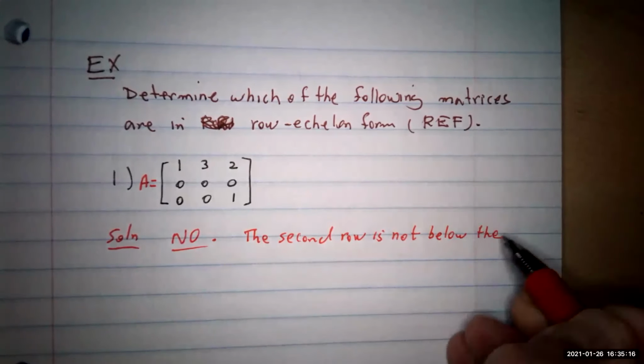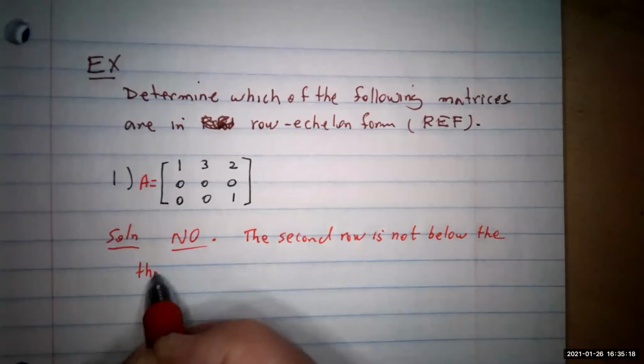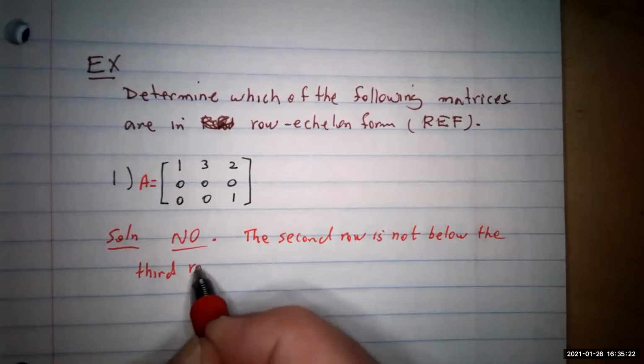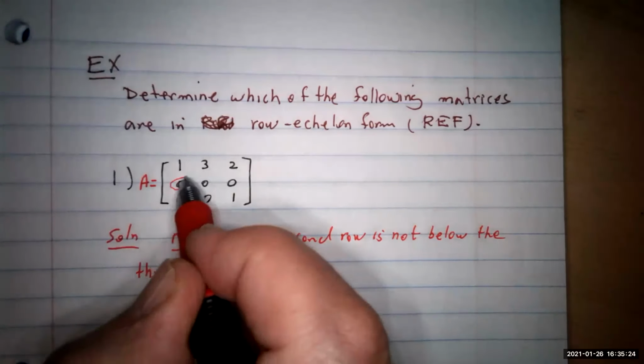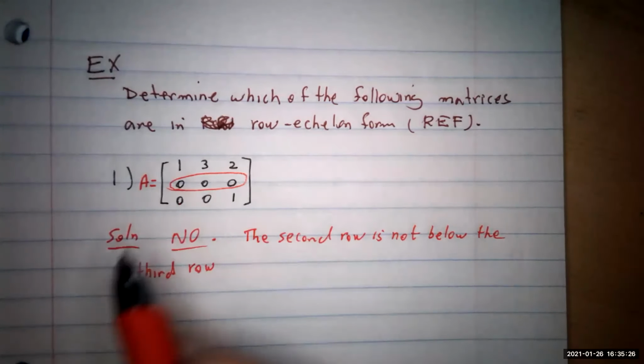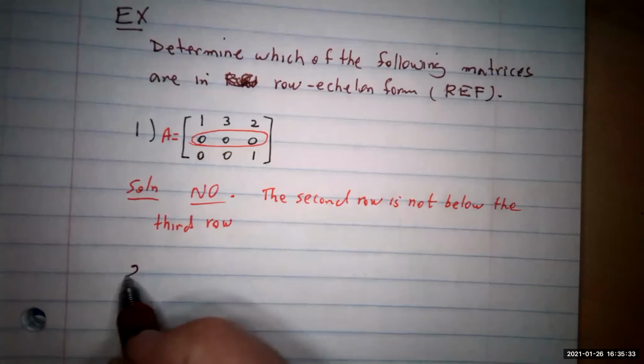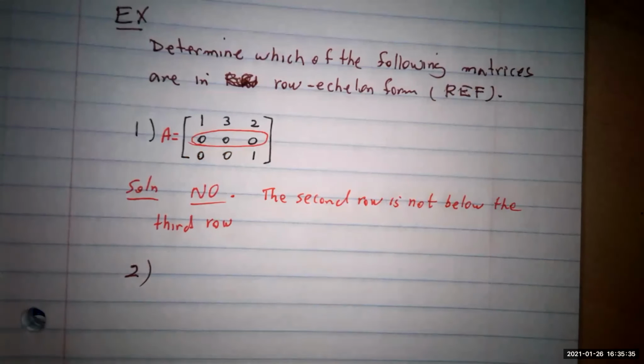The third row has all 0, 0, 0, so this must be right down at the bottom. So the answer would be no. If you switch it, then it would be fine. If you switch it, we get 0, 0, 1, and then the 0, 0, 0. So this is not going to be the case.